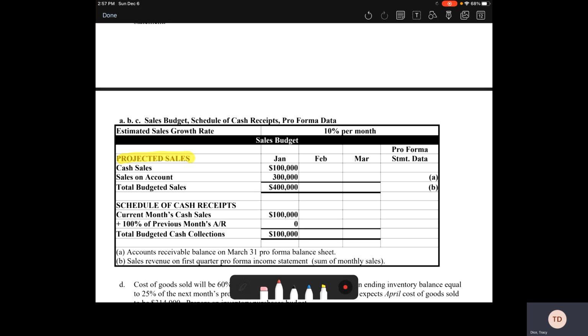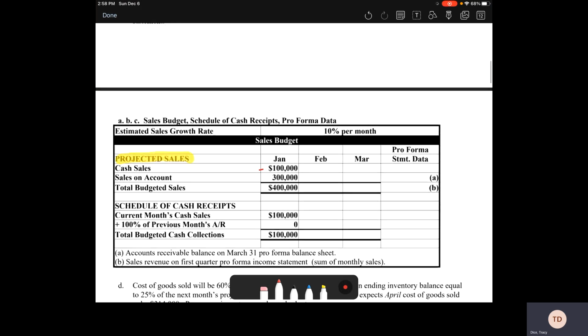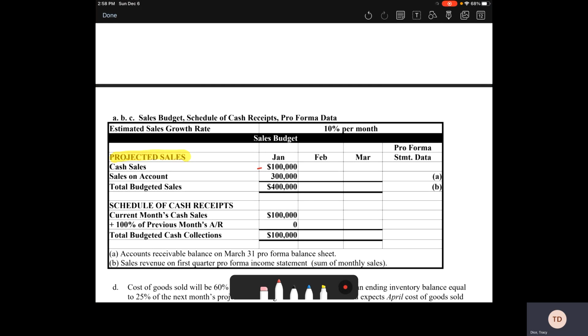So all we need to do is look at our cash sales, which were $100,000. So we are going to grow by 10%. That means in February, we take that 100,000 times 10%. So we can do that off to the side. And we find that to be 10,000.